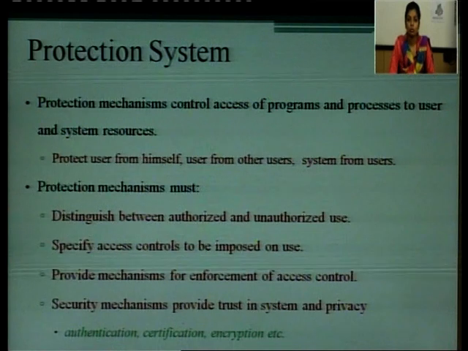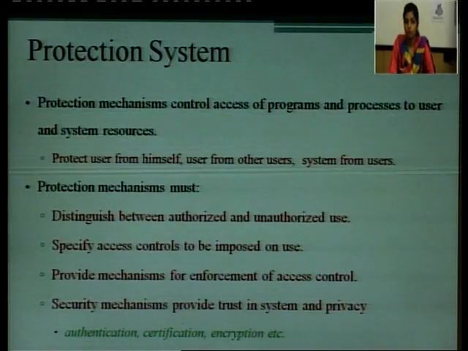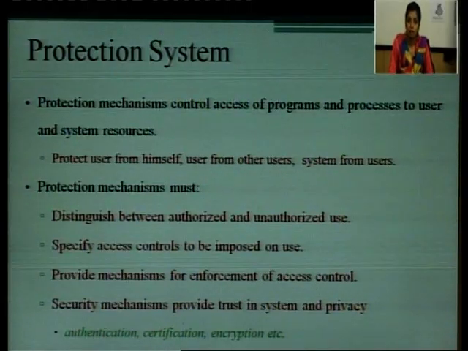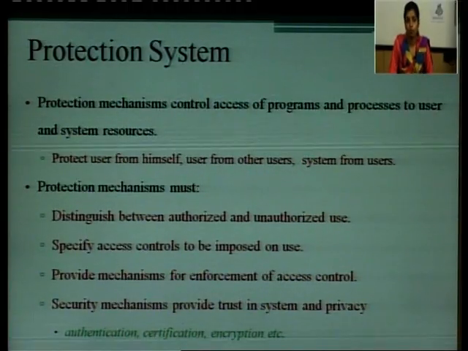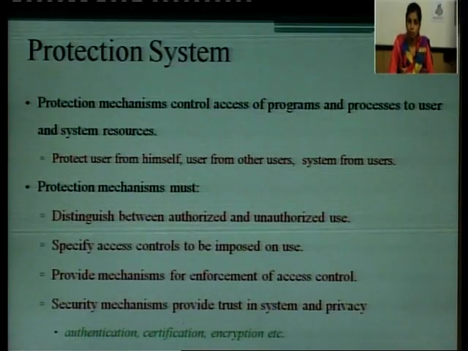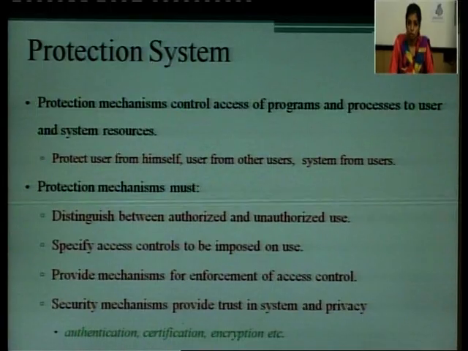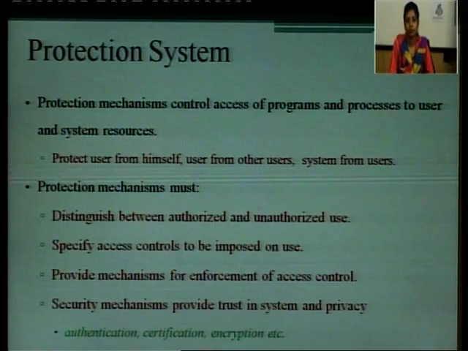Specify access control imposed on use. As we provide authorization to a number of users, similarly we provide different accesses or permissions to different users, and according to their permissions they only use that particular system data.